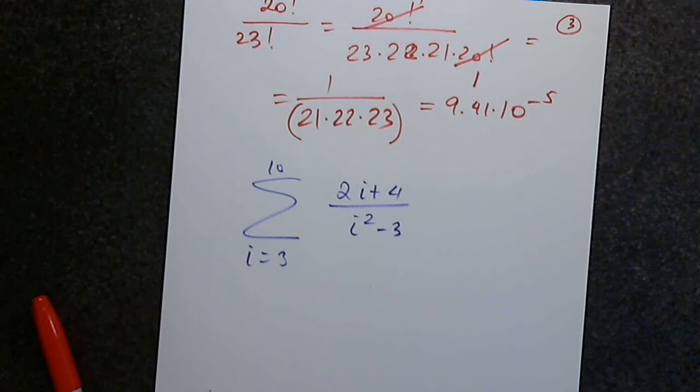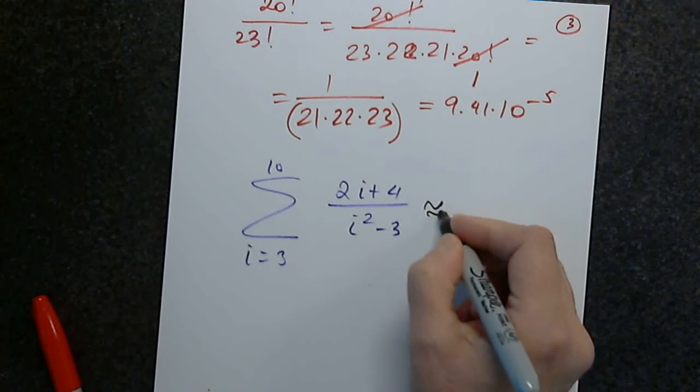And then careful with these parentheses. You have to have parentheses around the numerator, 2x plus 4. Close the parenthesis, divide by, in parentheses again, x squared minus 3. Don't forget to close the parentheses. And then press enter. And the answer is 4.9596, approximately, of course.